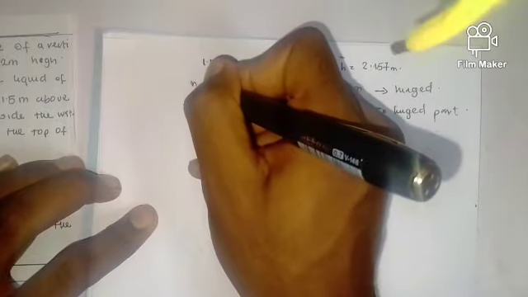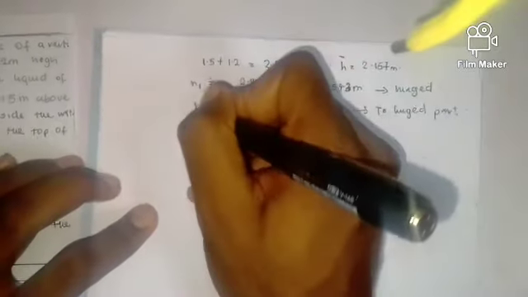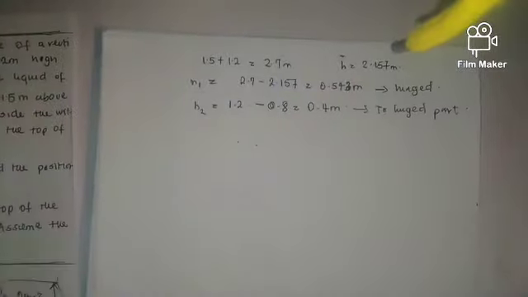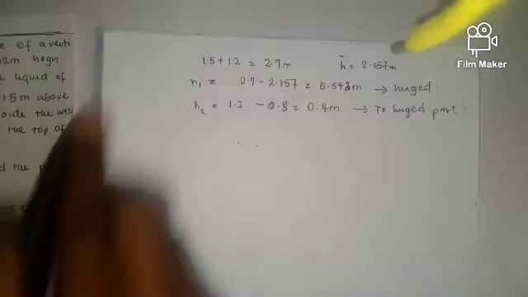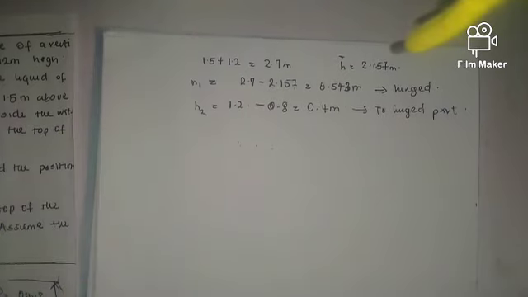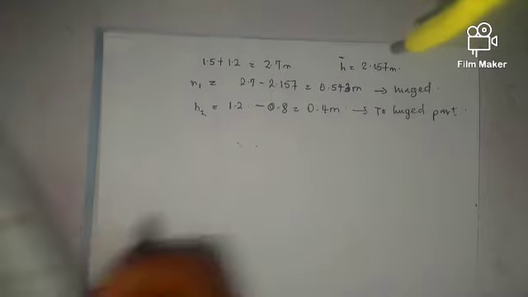Now let's call it H1 and H2. Remember, we used bar for the other one. Now we remove the bar, so let's call it H1 and H2. Then I can successfully take my moment.